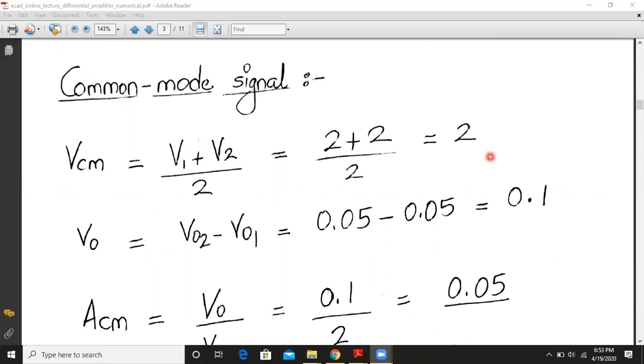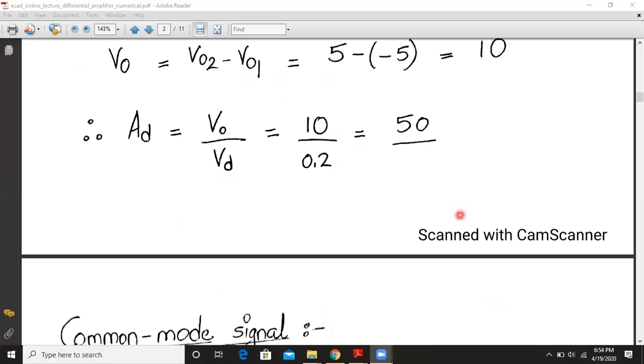And in this case, the output voltage is given by VO equal to VO2 minus VO1, that will be 0.01. Here there is a mistake, it should be minus of minus 0.01. So here there is a correction. VO1 is minus 0.01. Let us go back and check.